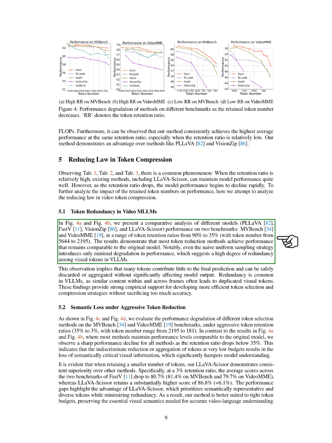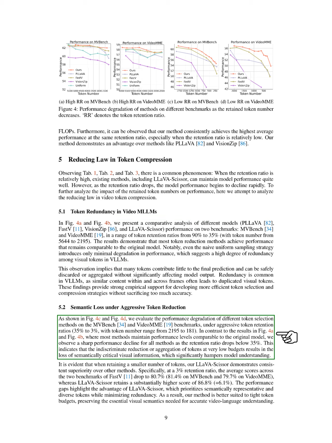We also evaluate the performance drop of various token selection methods under aggressive token retention ratios. Unlike previous results, we see a significant decline in performance when the retention ratio falls below 35%. This indicates that indiscriminate token reduction at low budgets leads to the loss of important visual information, hindering model understanding.